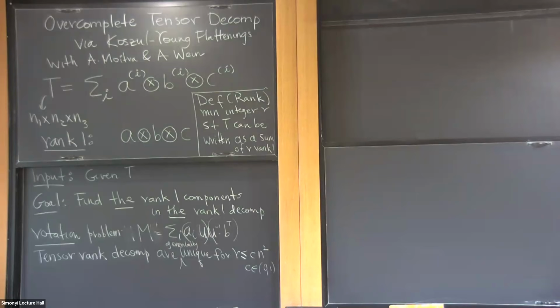So for the purpose of this statement, I'm talking about n by n by n tensors, less notation. If you take an n by n by n tensor and you form it by choosing vectors a_i, b_i, c_i, generically, let's say you choose Cn squared of these triples of vectors, use each triple as a rank 1 component, add them up, this gives you a tensor. And such a tensor does not have any other decomposition of rank R.